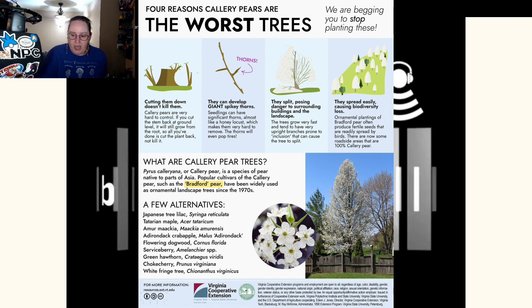So that's bad enough as is. However, in the Midwest, something about the Midwest environment triggers the Bradford pear to revert to its more Chinese ancestry. And there, it actually is almost impossible to kill. It will take over. It's like kudzu here, except worse. It just takes over entire parking lots, and it has huge thorns.